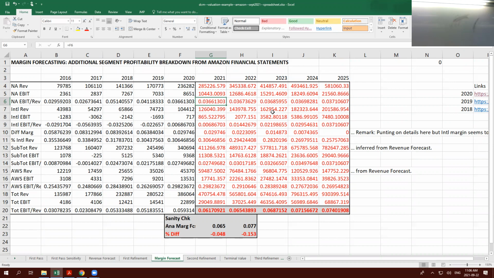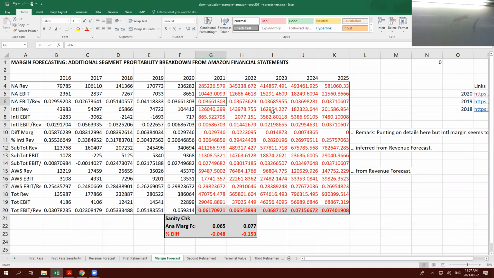So now with all of this information, I'm able to get my margin for everything that's not AWS. And now I look at AWS. Again, my numbers on revenue for AWS come from my revenue forecast. We found that before, I use that.